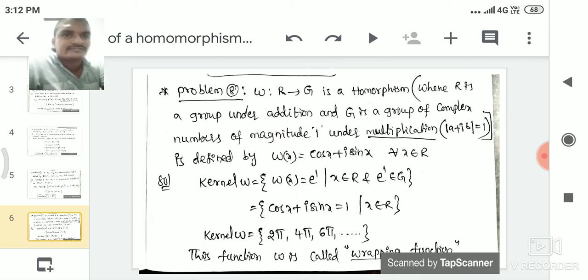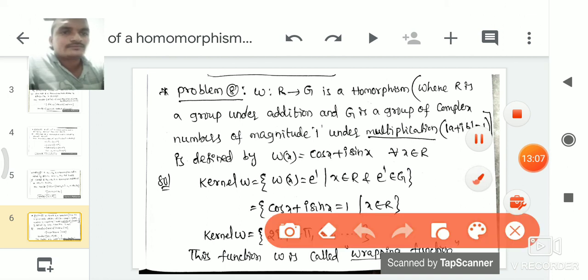All the solutions of this equation are called the kernel. Here we substitute 2 pi and also we get 0. Okay, here we include 0 also. Why? Because cos 0 plus i sin 0 is also equal to 1.